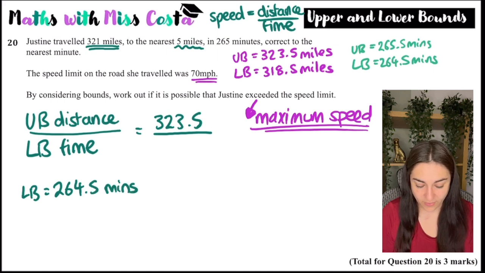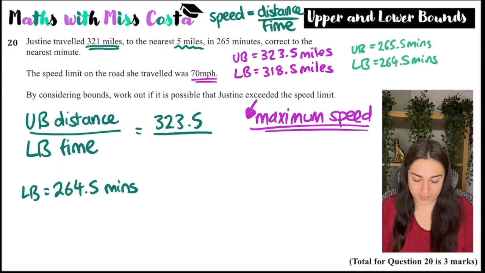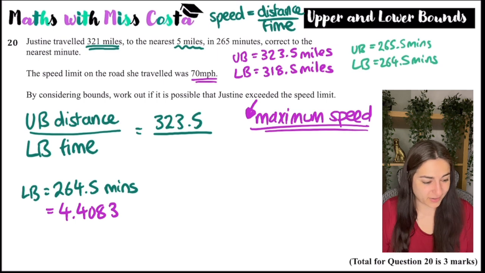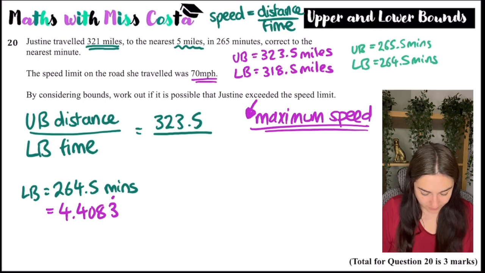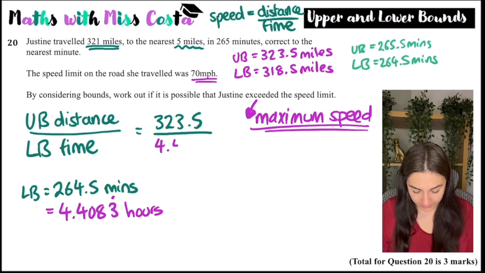But whenever dealing with time, distance and speed, I always want to write that as a fraction of an hour. So what I'm going to do is write 264.5 divided by 60, which is 4.408, and I think that's 3 recurring. I wish it told you whether it's actually recurring. Let's just say it is. So 4.4083 recurring hours.